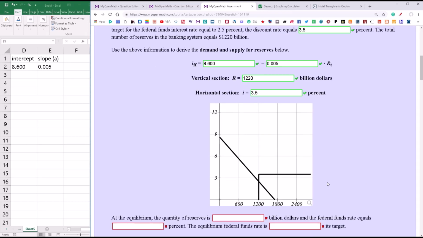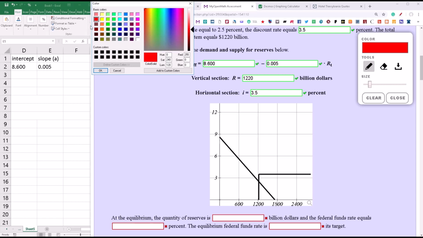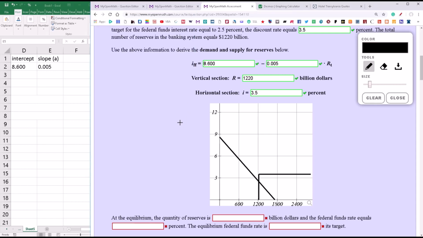Okay, good. So down here, when we graph this, federal funds rate is the price of reserves. Quantity reserves is R. This is reserve supply. And this is reserves demand.